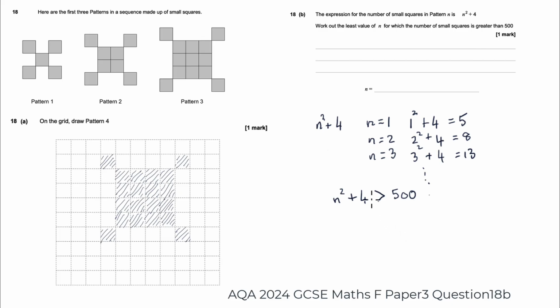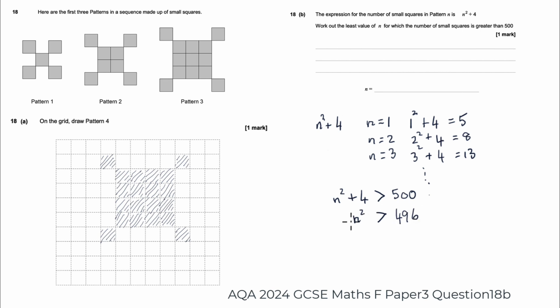Or an equivalent statement, if we take away 4 from both sides of this inequality, we'd get n squared being greater than 496. Now we're dealing with square numbers here. So let's get the calculator and find out what number we need to square to get something very close to 496.